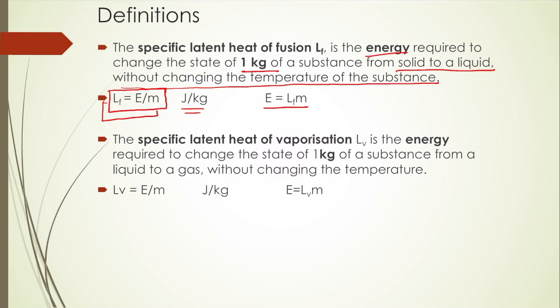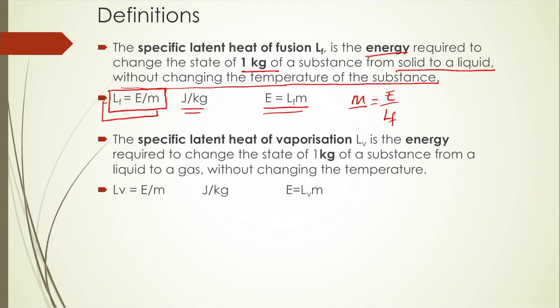You can rearrange it to give you E, the energy, equals the specific latent heat of fusion times the mass, or you can rearrange it to get the mass. If you want to have a quick go at rearranging it yourself, it's E divided by LF.